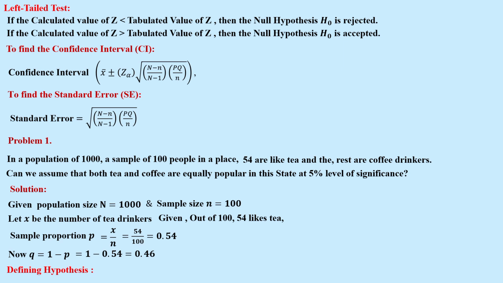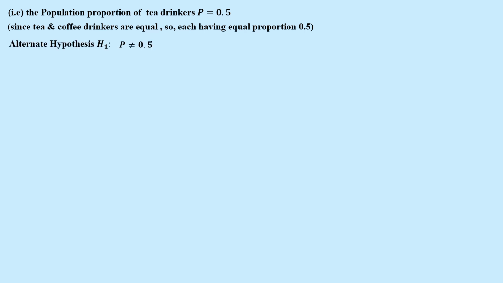So, defining the hypothesis. Null hypothesis H naught: there is no significant difference, that is, both tea and coffee are equally popular in the state. Alternate hypothesis is the opposite of that: there is a significant difference. Since coffee and tea drinkers are equal, each having equal proportion 0.5, we are taking the population proportion capital P as 0.5.